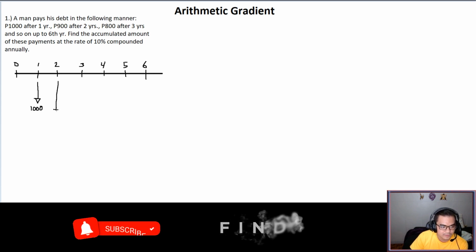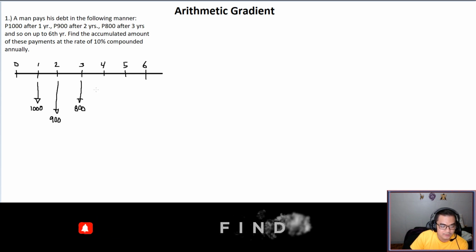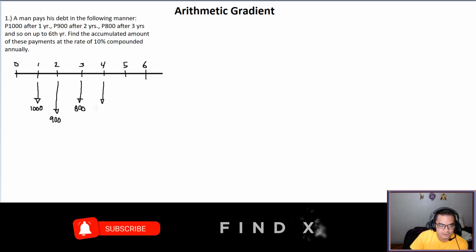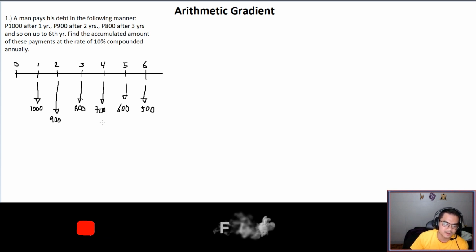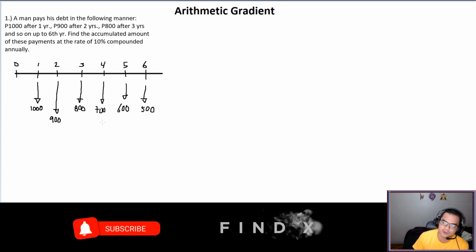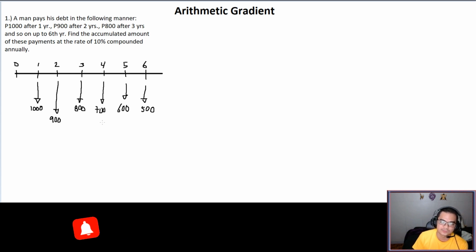So we have a payment here of 900, and then for the third year, this will become 800, and of course this will become 700, and then 600, and then 500. As you can see, the payment decreases by how much? By 100 pesos. That's from 1,000 to 900 to 800 to 700, and so on, up to the 6th year.